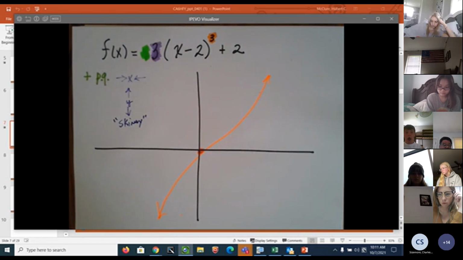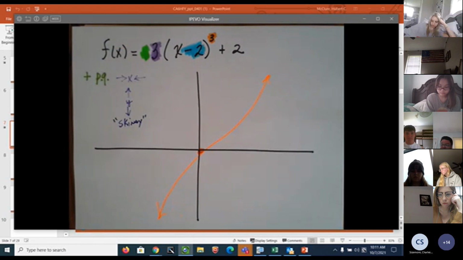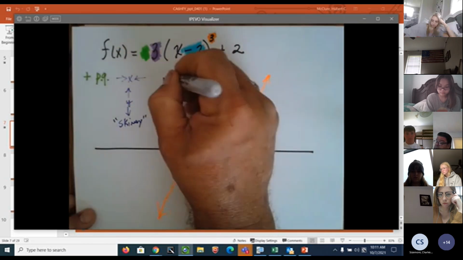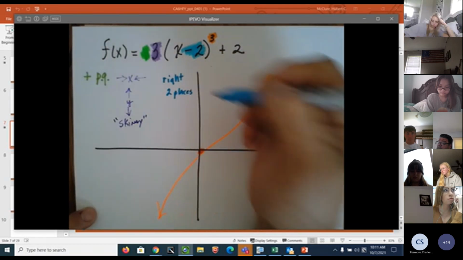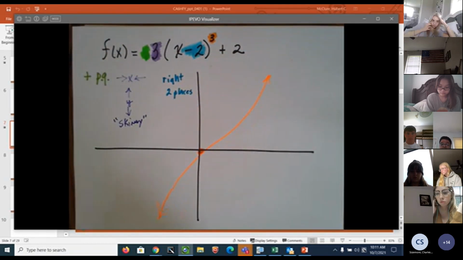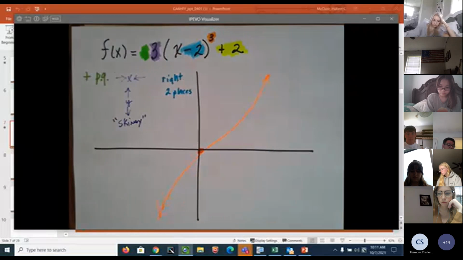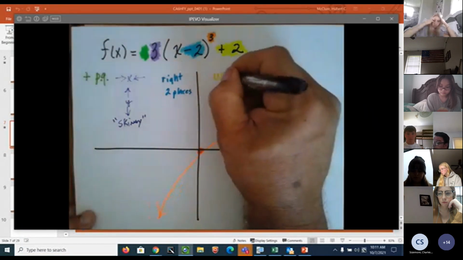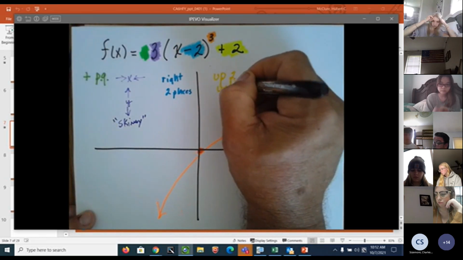The horizontal shift, which is blue, means right 2 places, or 2 units. And the vertical shift is +2. So that means up 2 places, or 2 units. Whatever you want to call it.